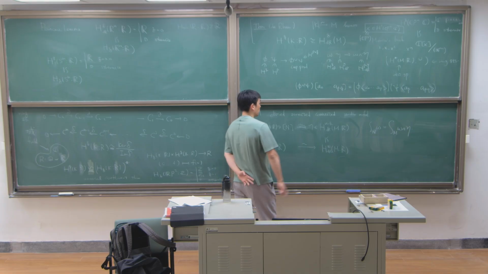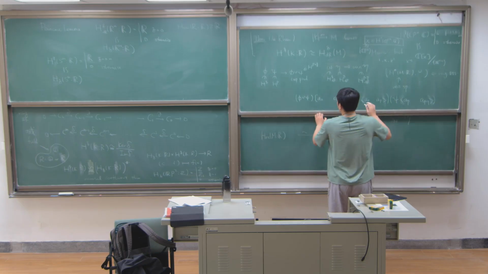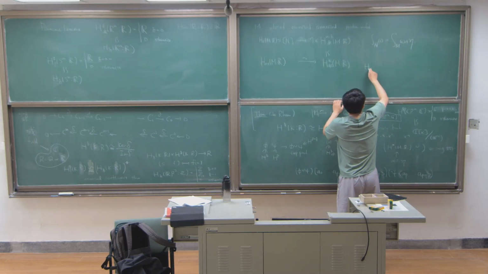So they're all isomorphisms. In general, if it is a closed, oriented, connected n-dimensional manifold, we have H^k.